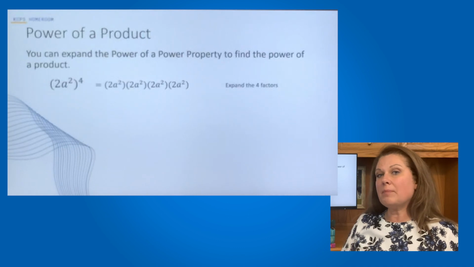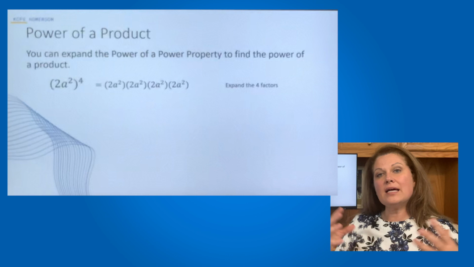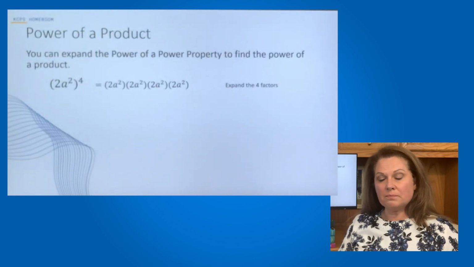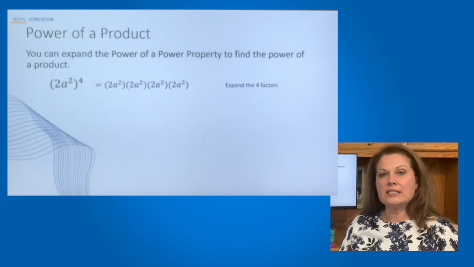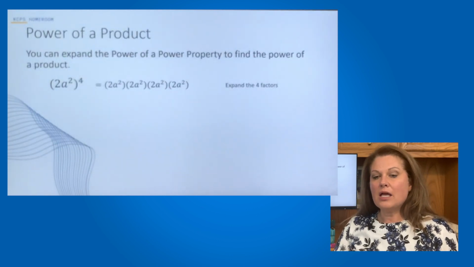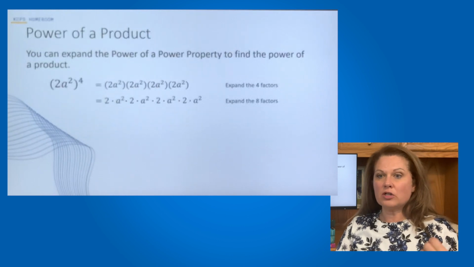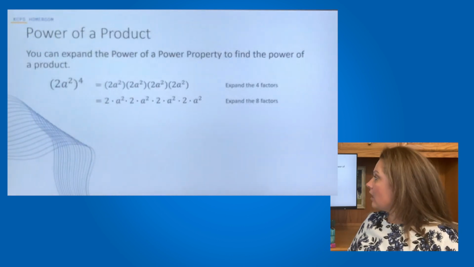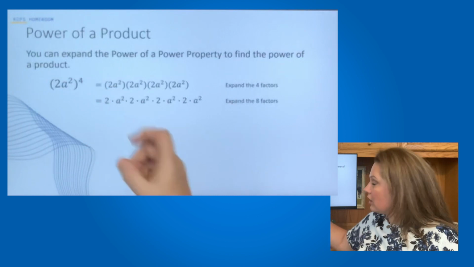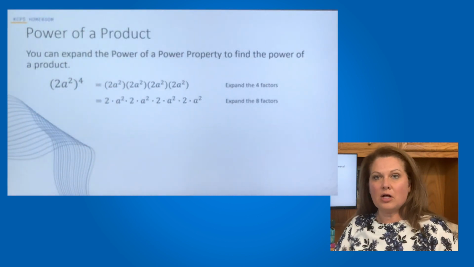That gets kind of repetitive and hard to say, kind of like a tongue twister. If we expand that even further, we can actually see how the property is created. If we break it apart, notice we went from 4 terms to 8 terms, because when we have a coefficient in front of a variable, like in our example, that means to multiply.